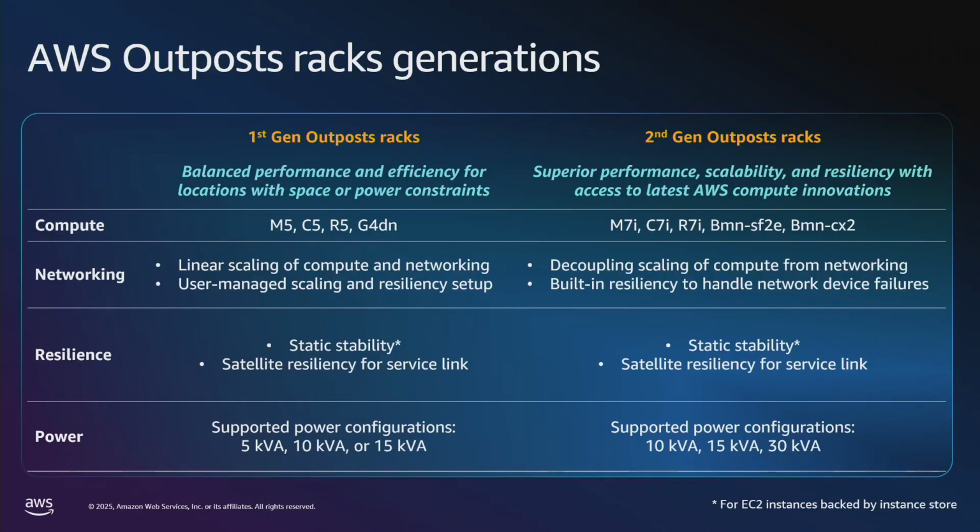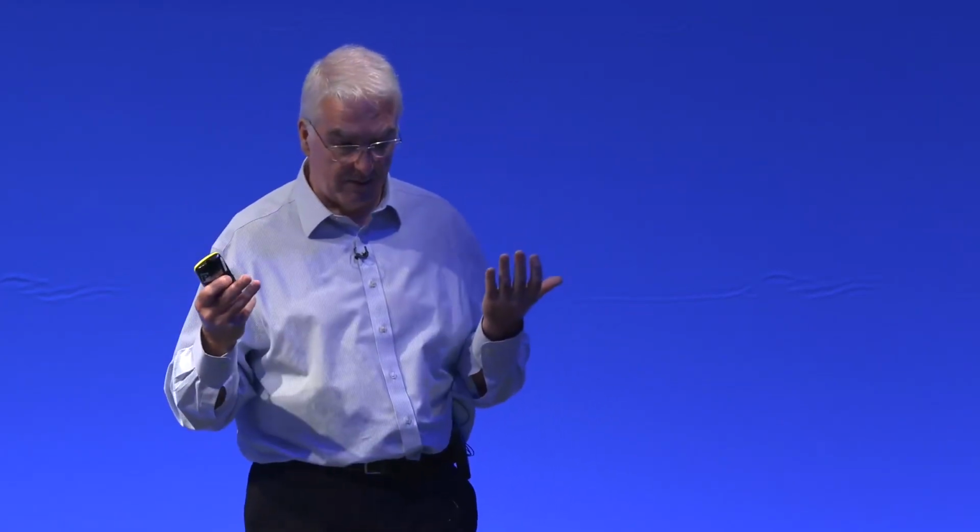Whereas the Gen 2 rack, basically, by splitting the network and the compute racks, you can actually scale one or the other without having the linkage we had in the Gen 1 racks. And it also gives you the latest compute innovations we have in the M7 range, or CNR7 range. And you notice the 2 names there that we'll talk about later on, which is the bare metal instances. And by decoupling the compute and storage and networking, it scales better.